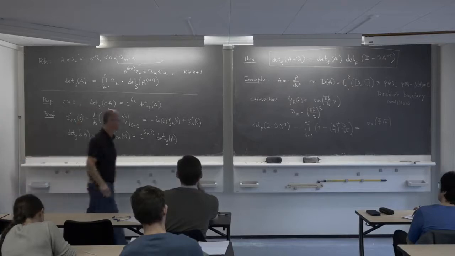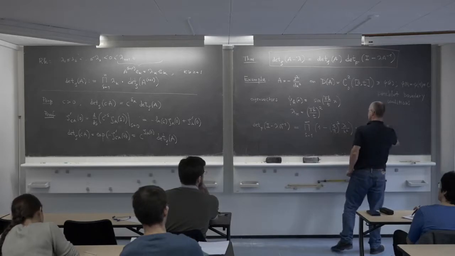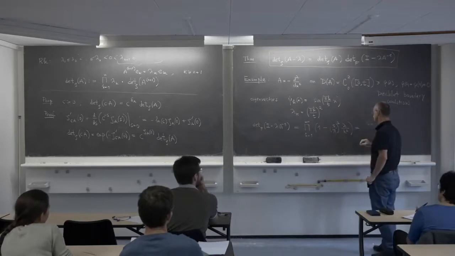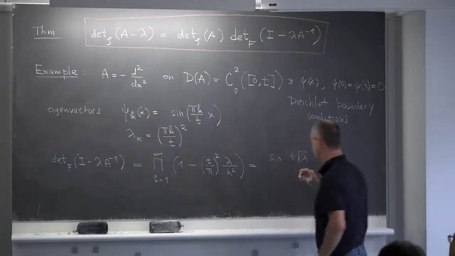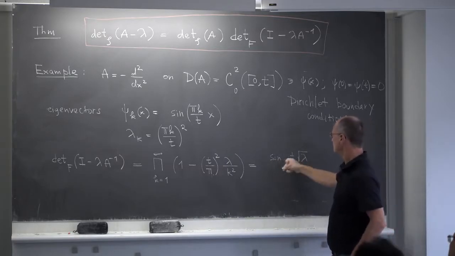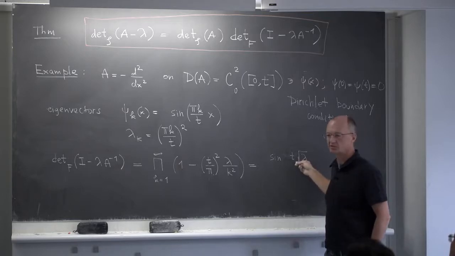No pi. This guy would also have, first of all, it's not entire, it has the square root, and second of all, it has 0 at lambda equals 0.